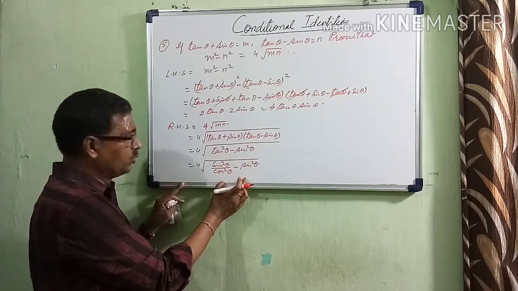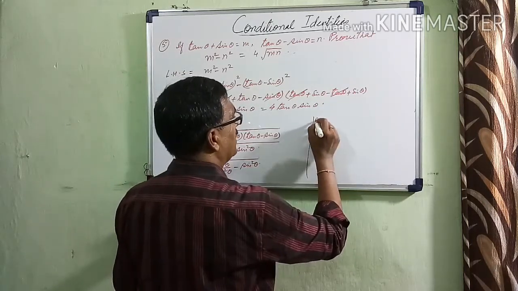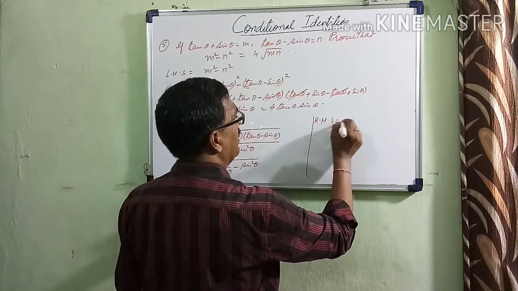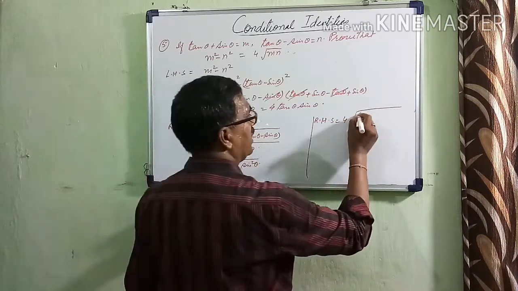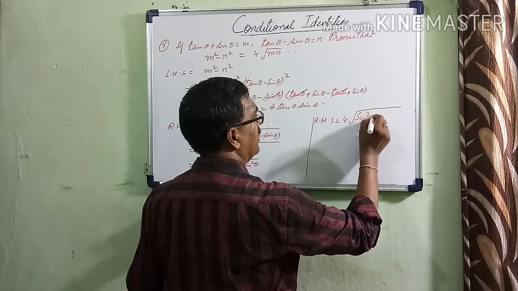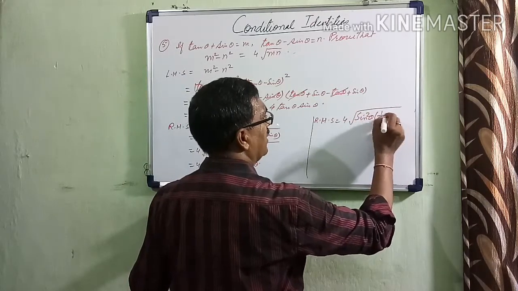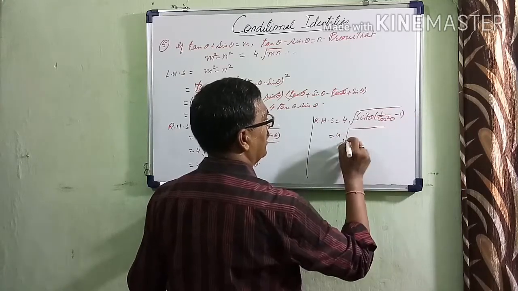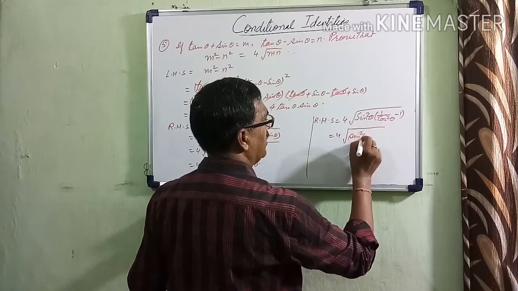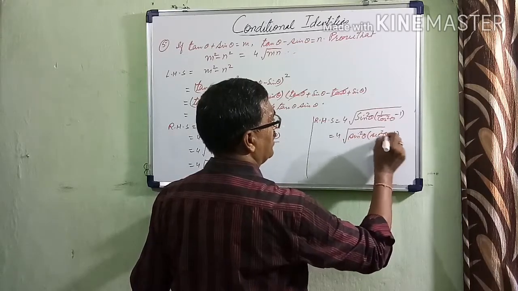Now, under the root, here only, what will you do? It is your RHS. 4 into root over sin square theta, you take out common. What is left? 1 by cos square theta minus 1. 4 root over sin square theta into sec square theta minus 1.